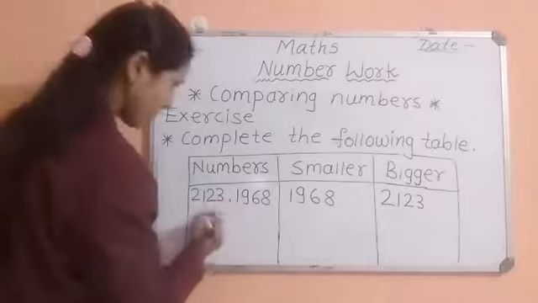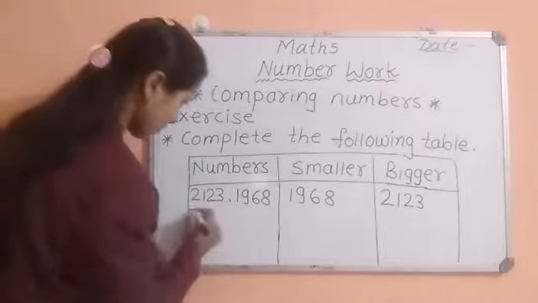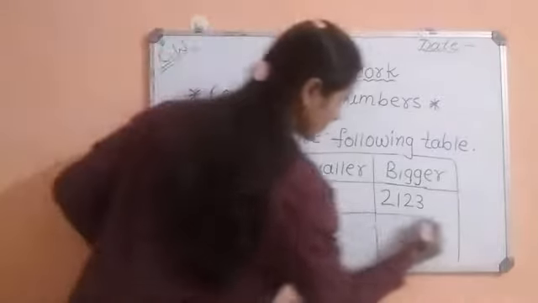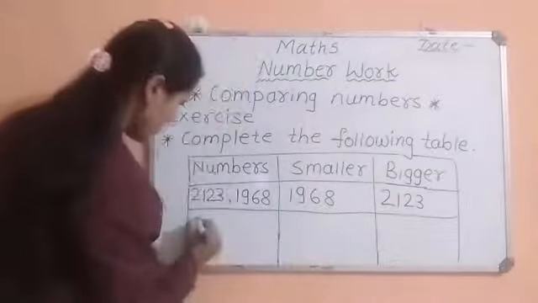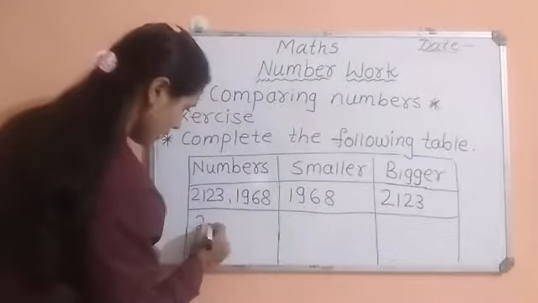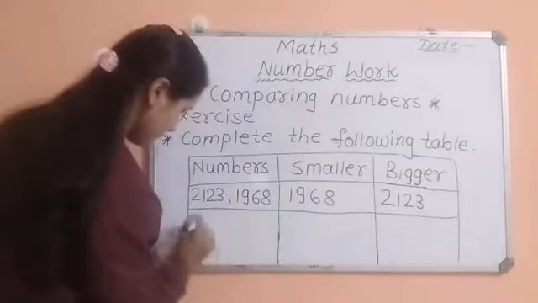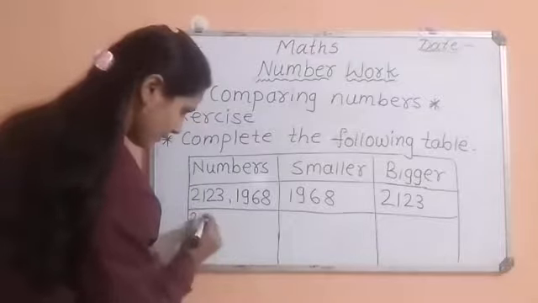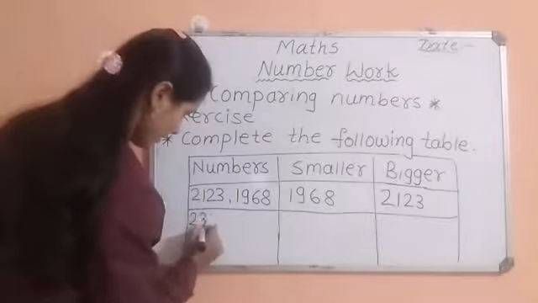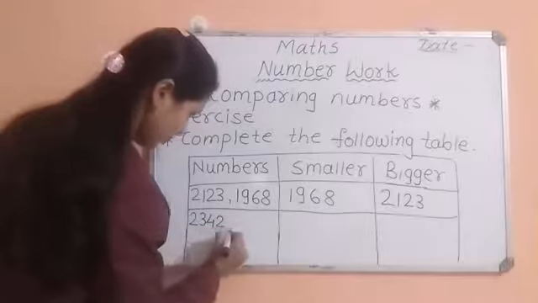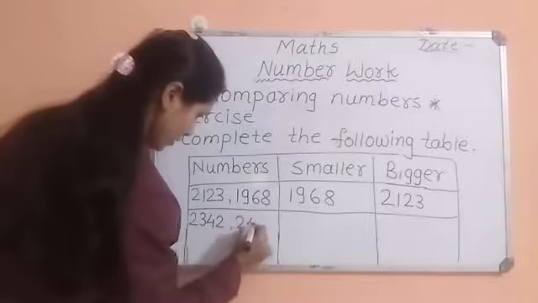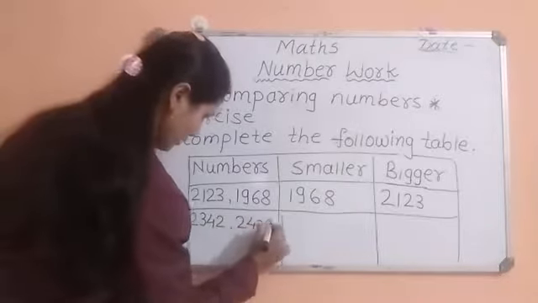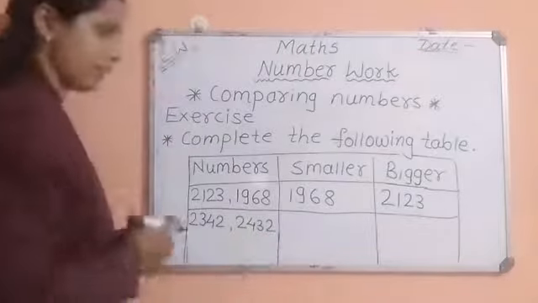So the next numbers are 2342 and 2432. Now see the numbers.